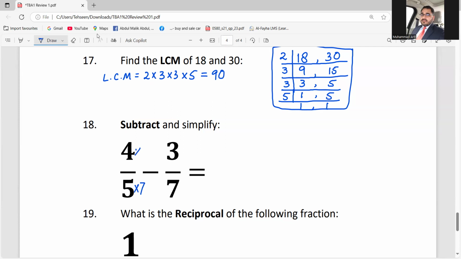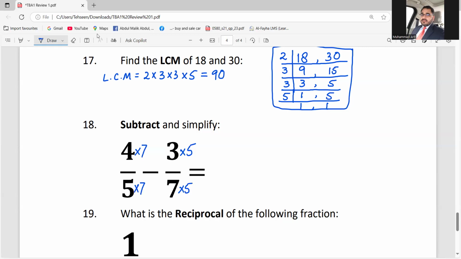That's why we need to multiply here the numerator as well with the same number, 7. As 7 multiply 5 is 35. The same number we need to multiply with the numerator as well. If we multiply any number with the denominator, we must multiply the same number with the numerator.